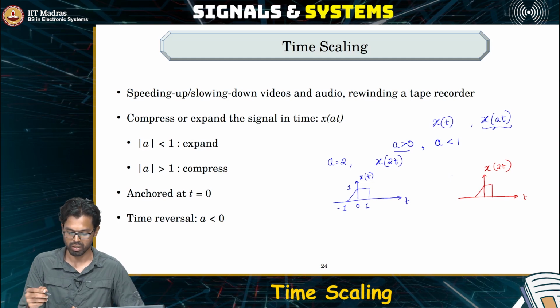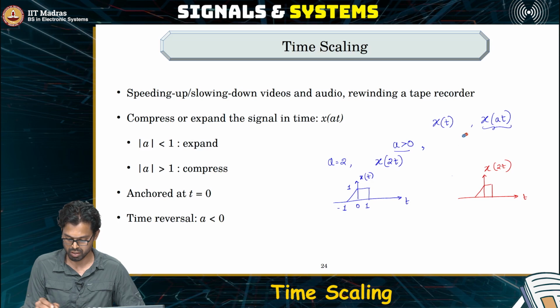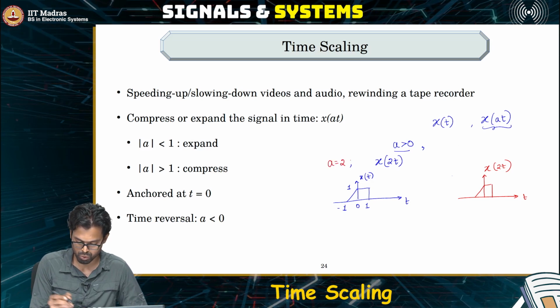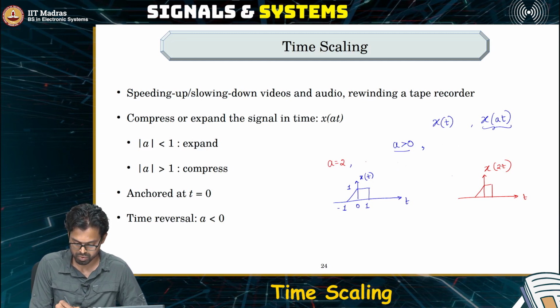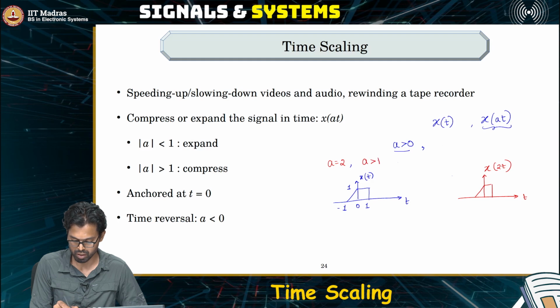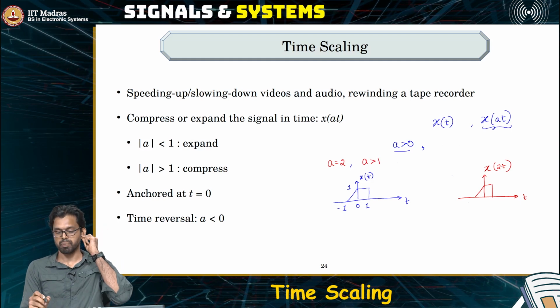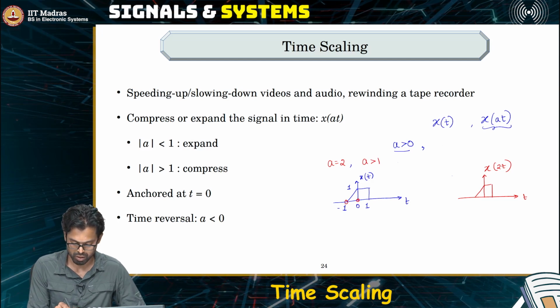So a is 2, which is greater than 1 and positive. What would be the time values corresponding to these points here?